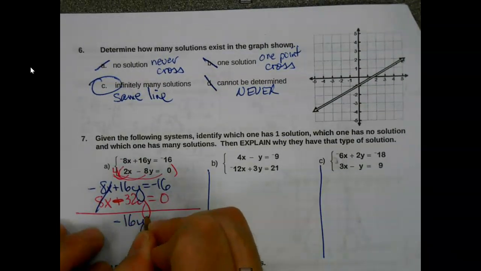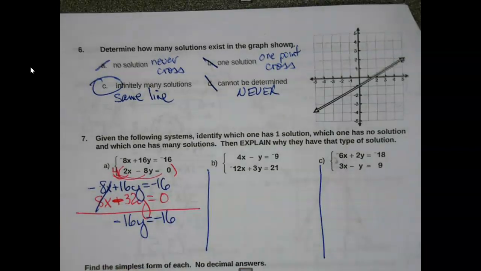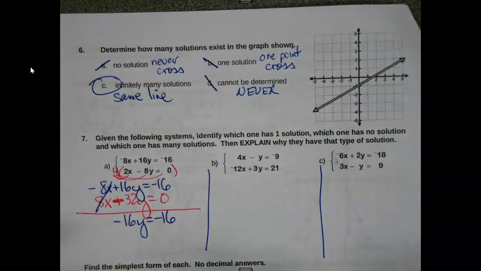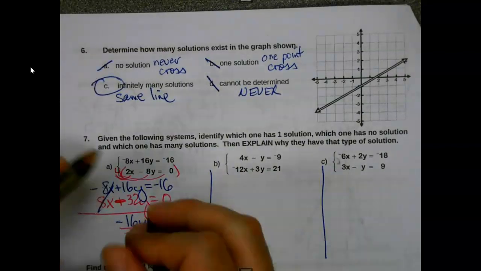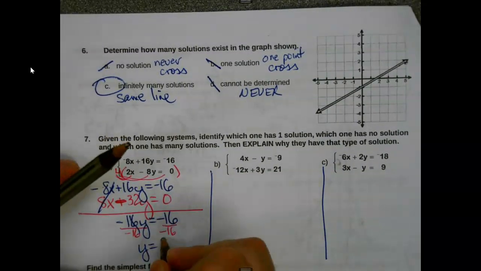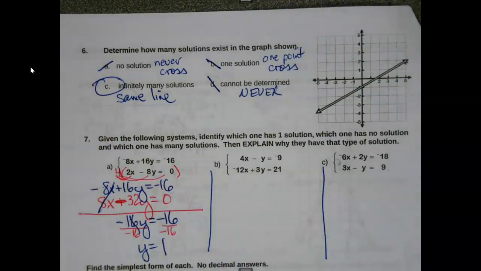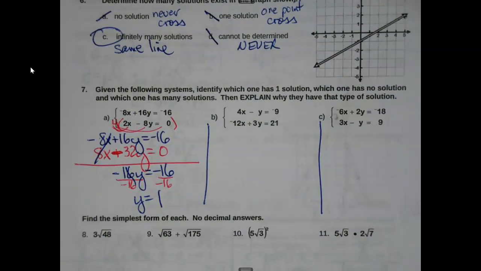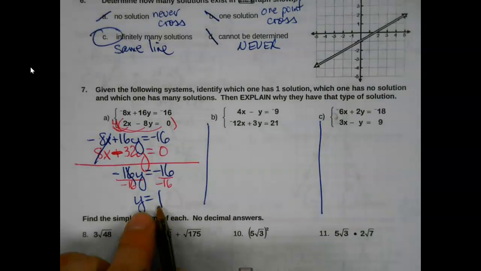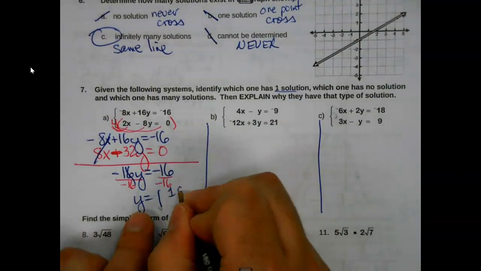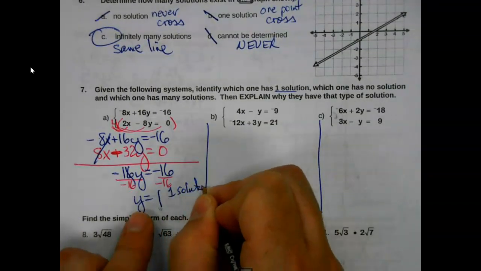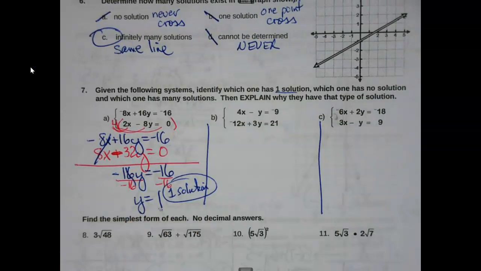Here's the good news with these problems. I get to this point, and I'm like, oh gosh, I'm going to have to do more. No, you don't. You're like, what do you mean? The problem's not done. This problem, since I actually got a y value, is going to have one solution. I don't care in this case what the x value is. I just know that there's one answer.